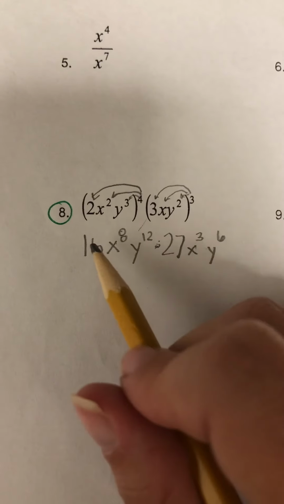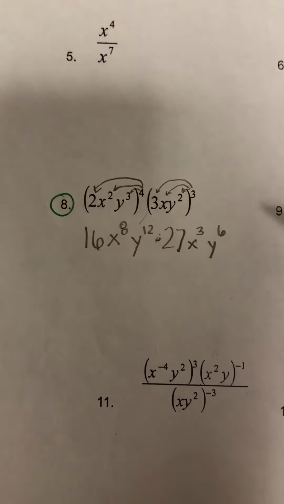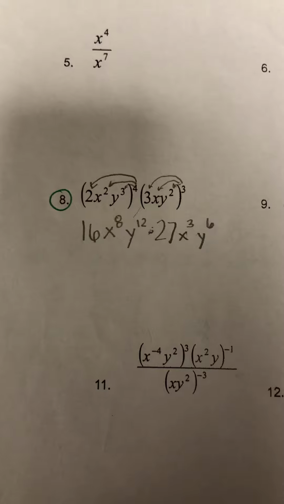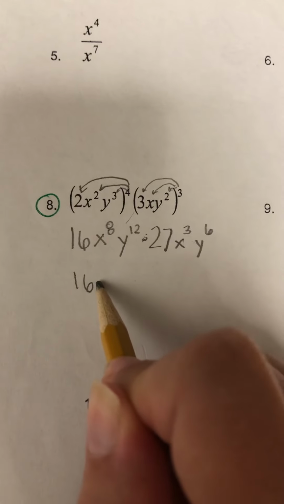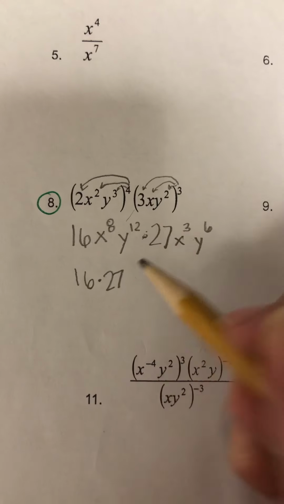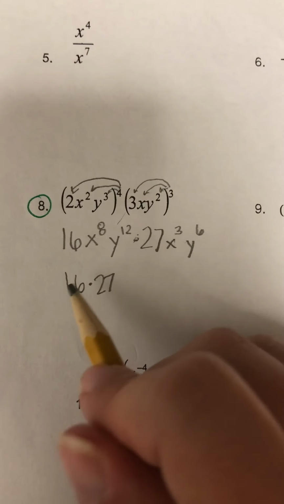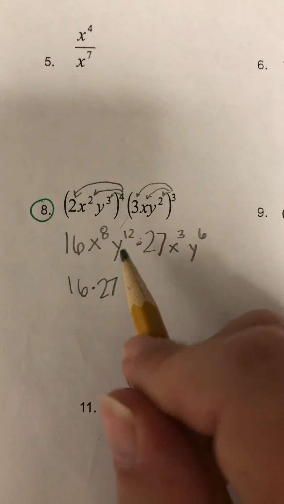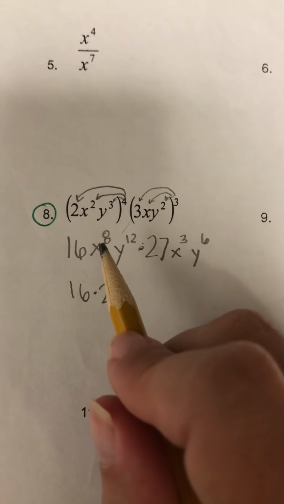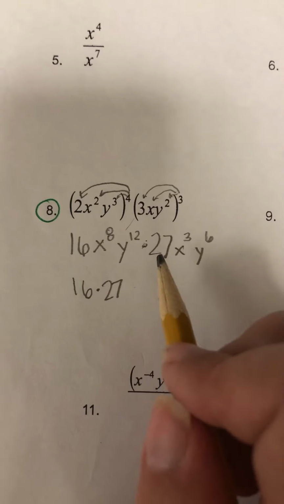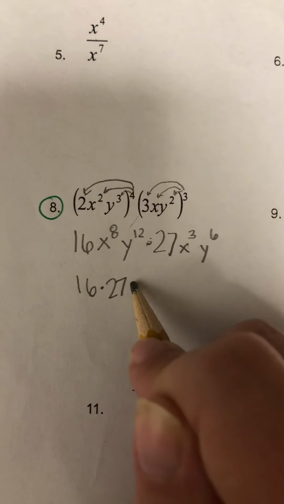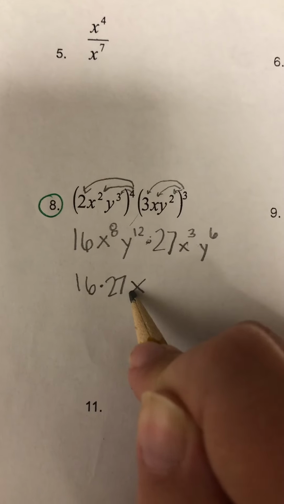Now you have all of these terms being multiplied together. So that's 16 times 27. I don't have a calculator with me right now, so I'm not going to do that, but you would do the actual calculation. Then you have bases being multiplied. So when you do bases being multiplied, you add the powers of the like bases.